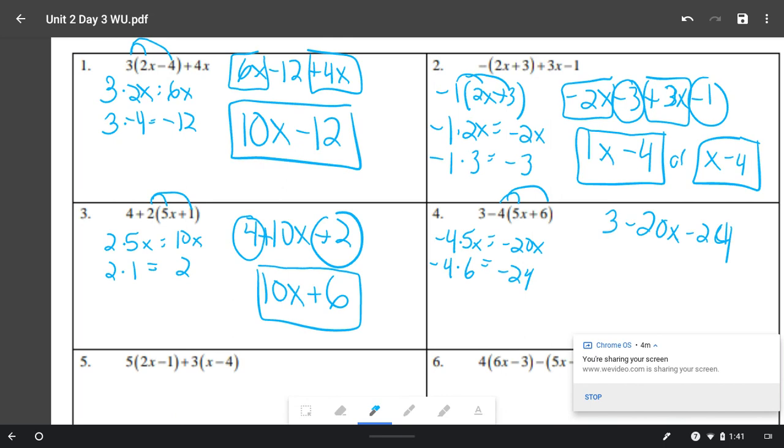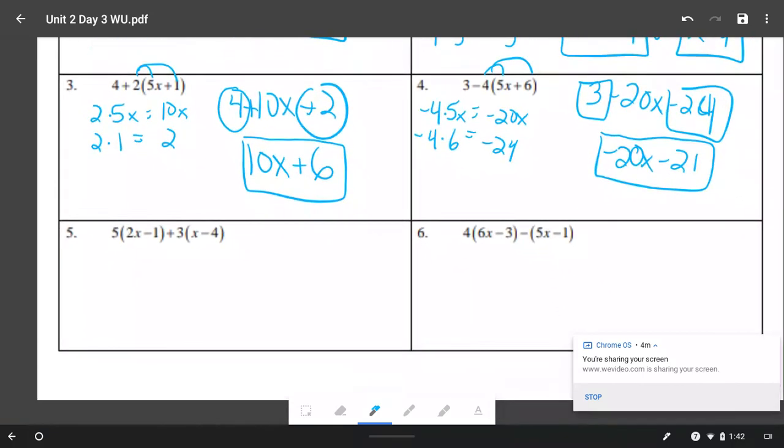So now that 3 and negative 24 can combine. If we combine 3 minus 24, I believe that's negative 21. We also have this negative 20x. Those cannot be combined, so we just write it as our variable first, and then the constant last. So that'd be my answer there.